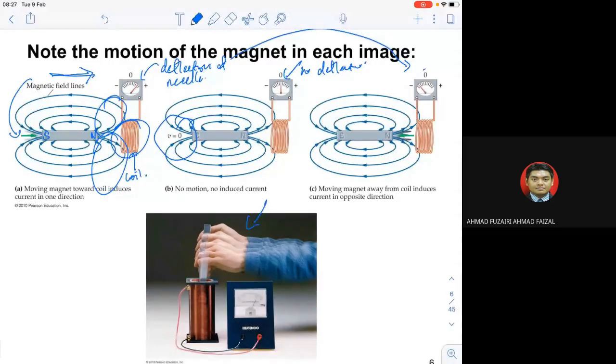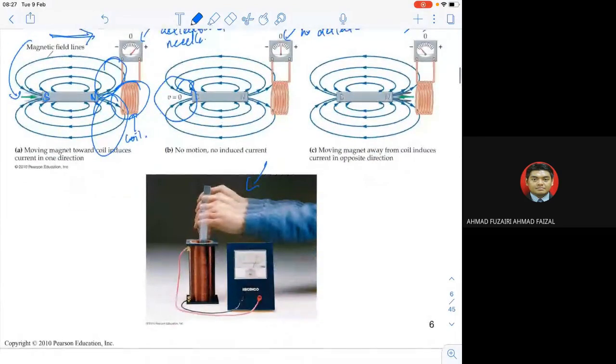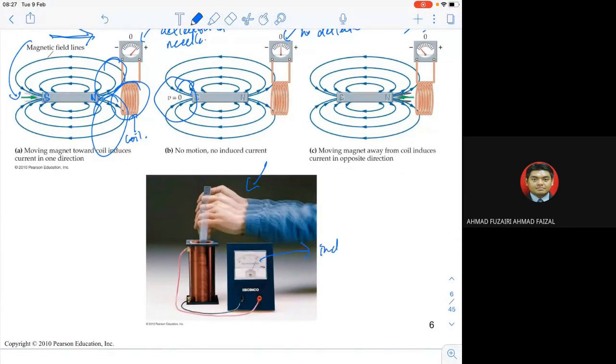Like the one in the figure at the bottom, this man is always moving it in and out. They try to bring the magnet out and in of the coil, into the solenoid, because they want to make the induced current. So this is what we call induced current. It's not a normal current, but an induced current.